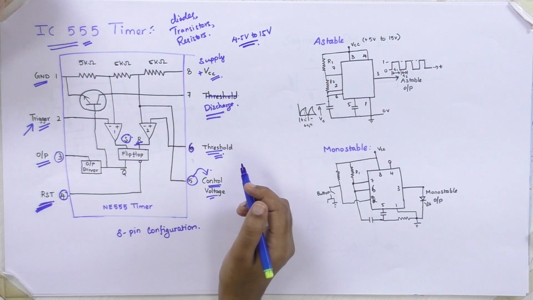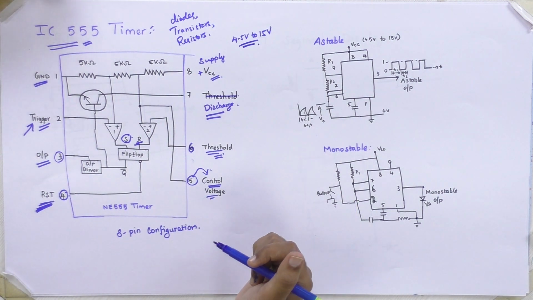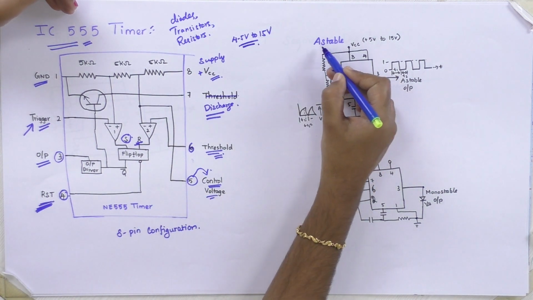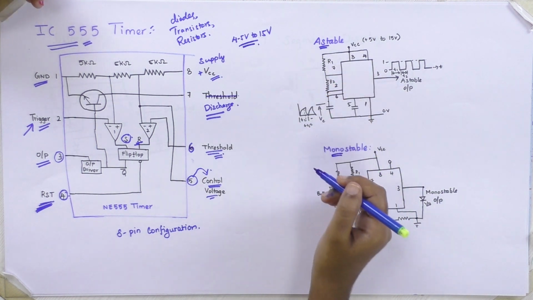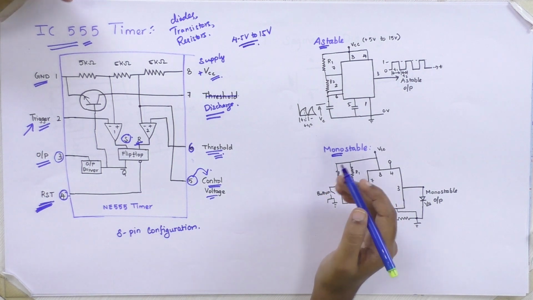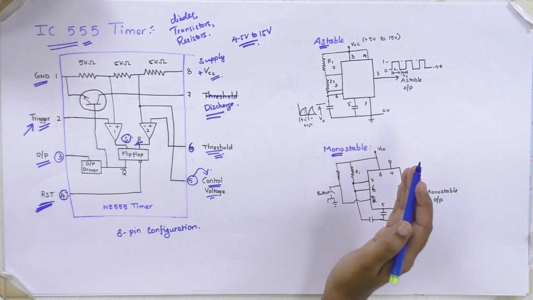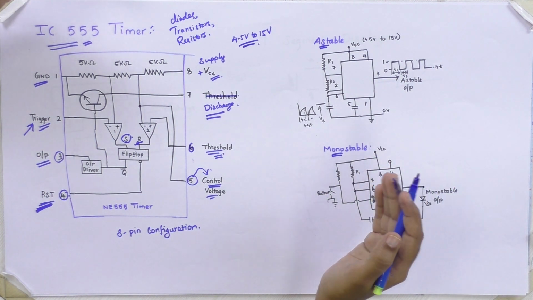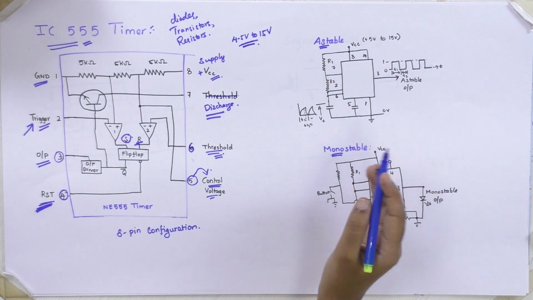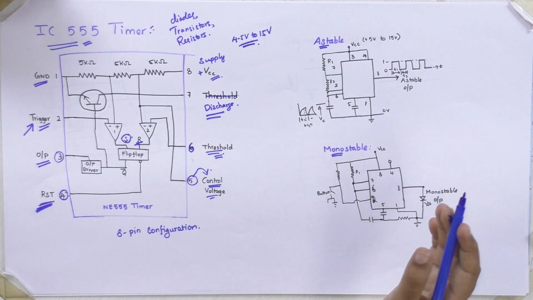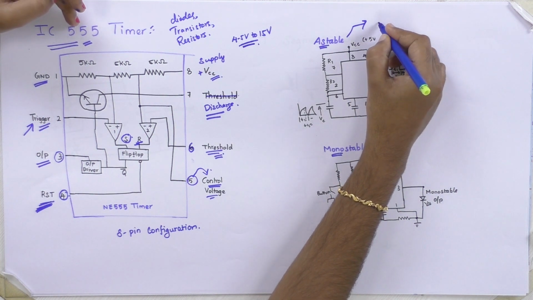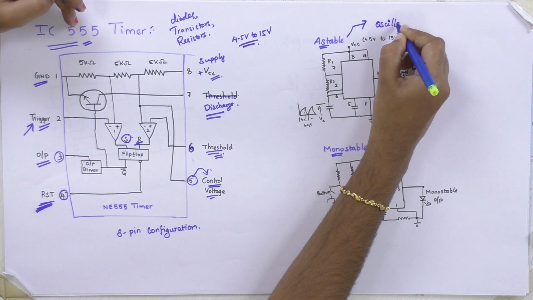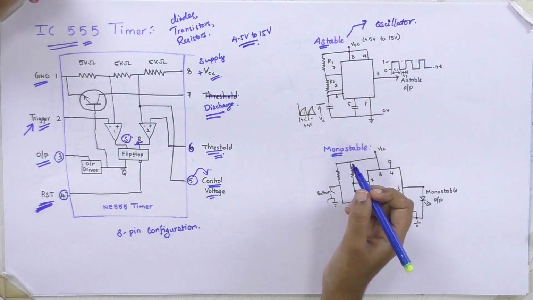There are different types of operation states for timer circuits. One is astable, monostable and bistable. In astable mode, there will be no stable state, that is, you don't need to control the voltages. You will be getting continuous oscillatory signals. So the astable state of a 555 timer can be said to be an oscillator.